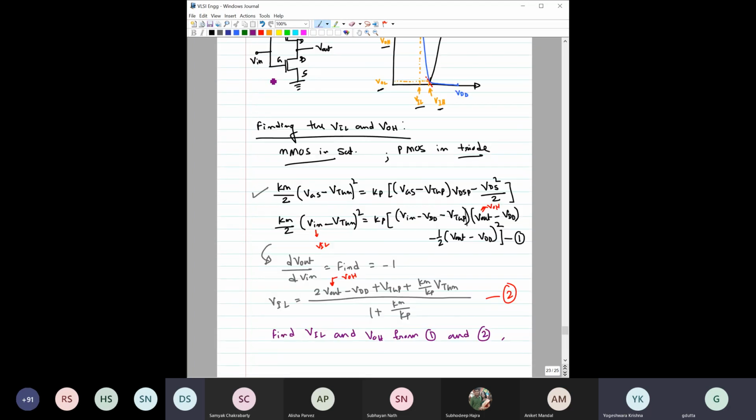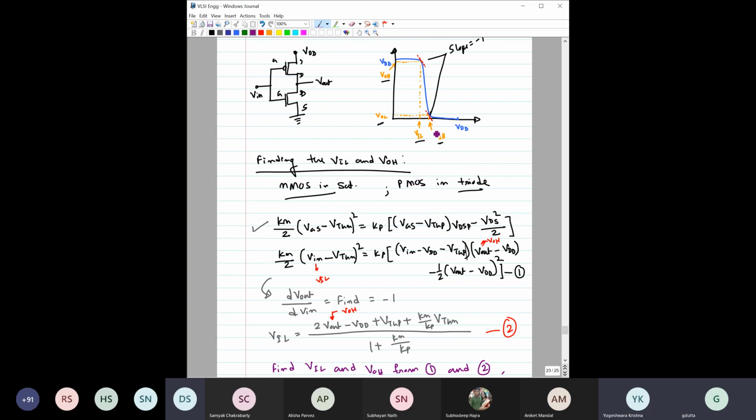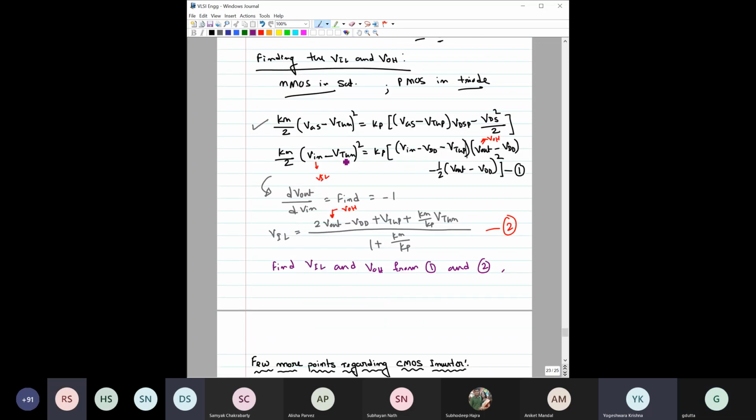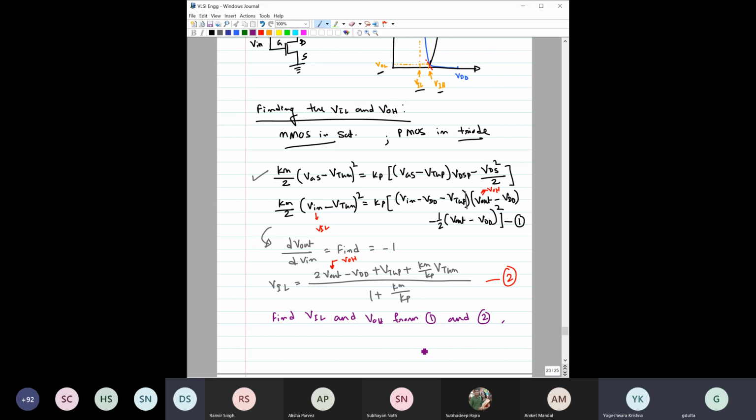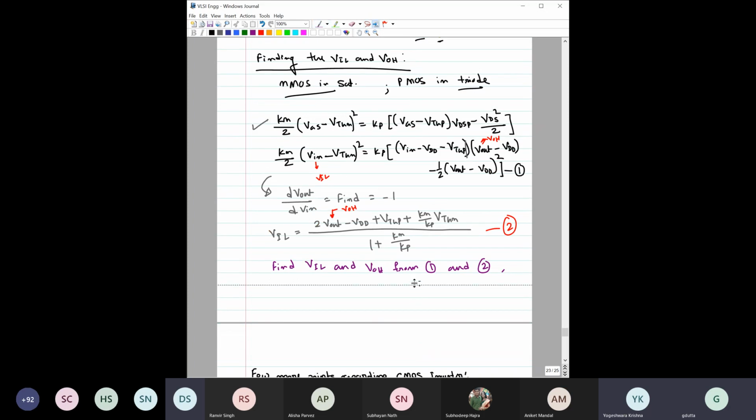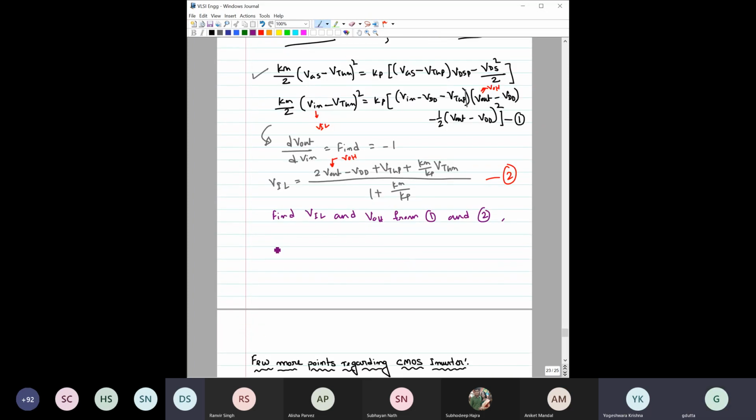Then what about VIH and VOL? NMOS in triode and PMOS in saturation. I thought I had kept some space, but it looks like I have not.